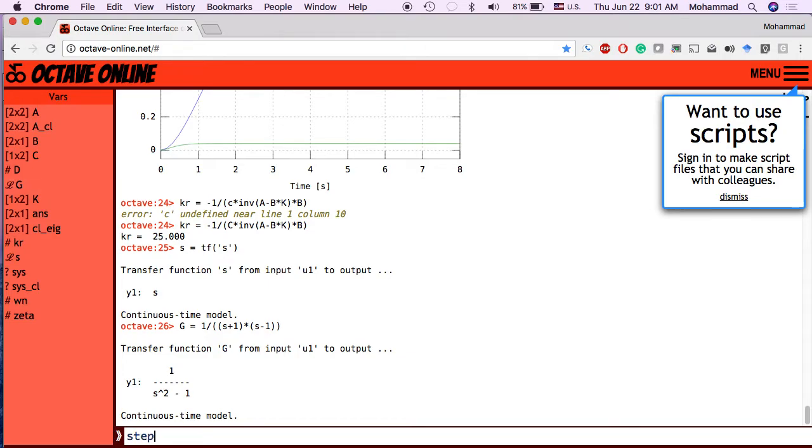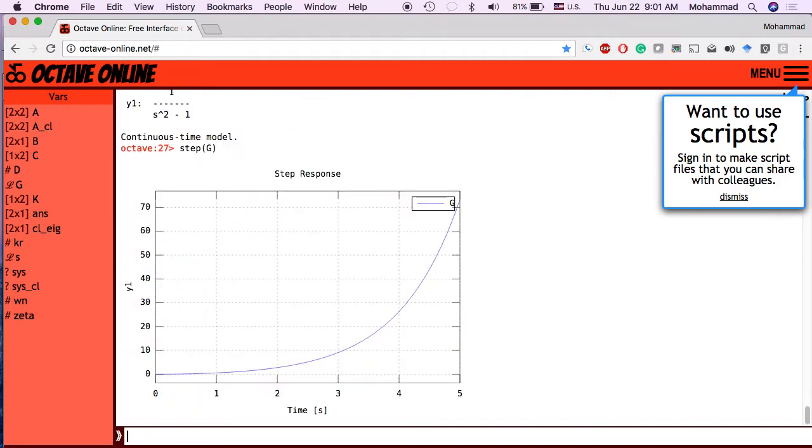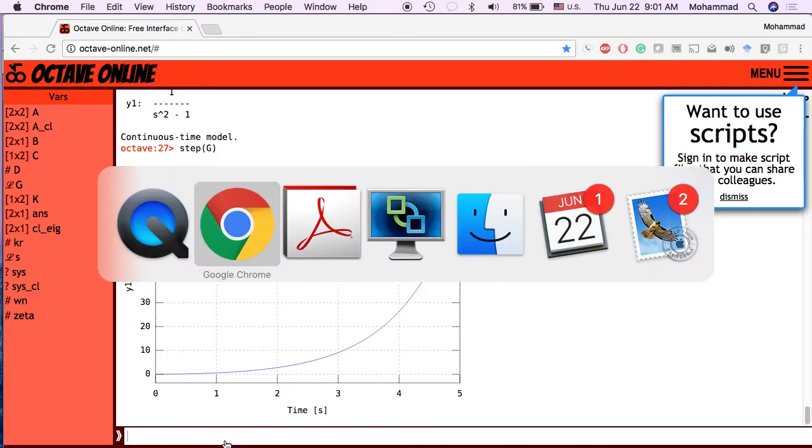Then you can look at step response of G. And look at it. Does this go to -1? Of course not. This is an unstable system. So the point of this problem is don't apply theories blindly.